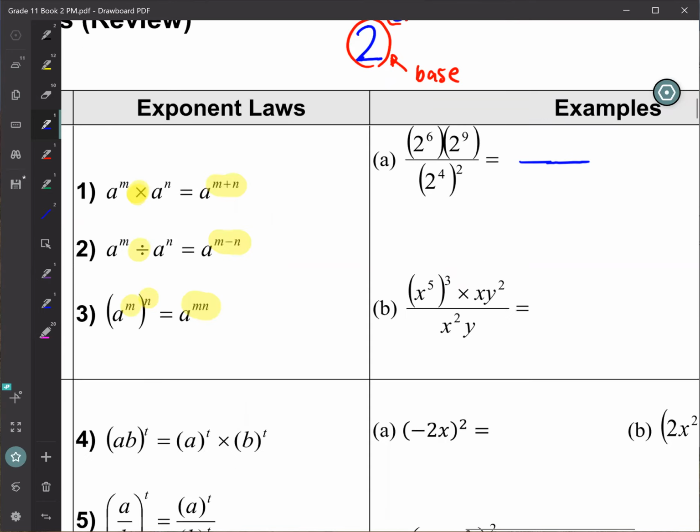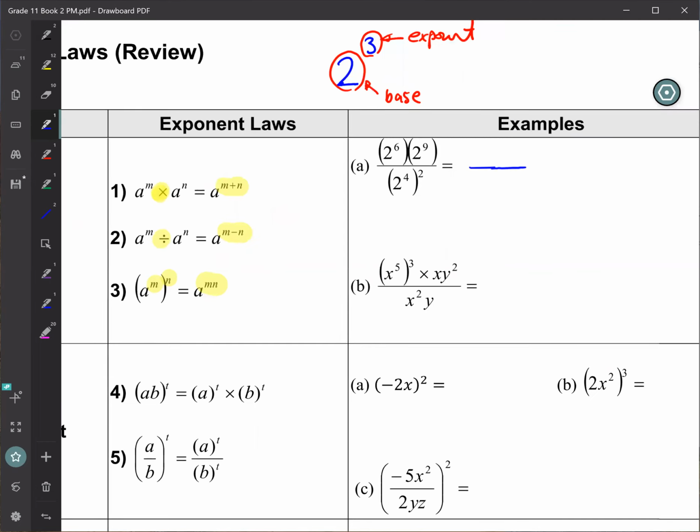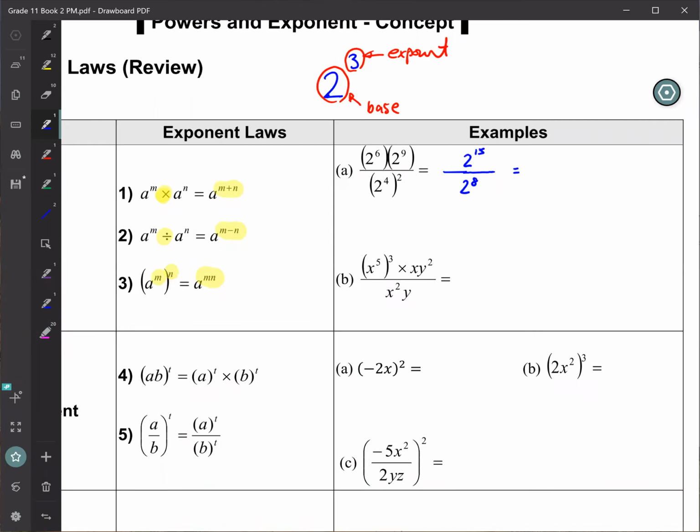Combine the exponents. So I write 2 to the power of 15 over 2 to the power of 8. Good. And then? Simplify. How do we simplify more? Subtract the exponents. That's right, 2 to the power of 7. You just leave your answer like that, 2 to the 7. You don't need to find the value for it. I want you to simplify.